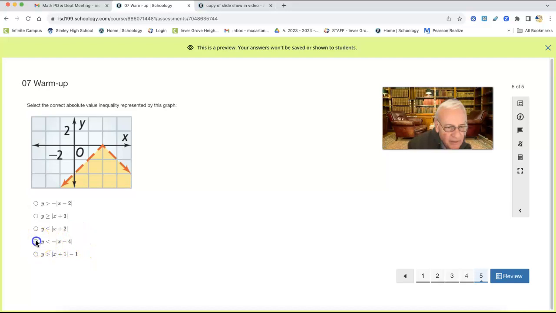That's right there. Now double check. Is it shaded below? Yes, it's shaded below. Is it a dotted line? Yes. Is it upside down? The negative upside down? Yes. All right, that's it. Be careful with that one because the scale goes up by 2. All right, go ahead and submit that.